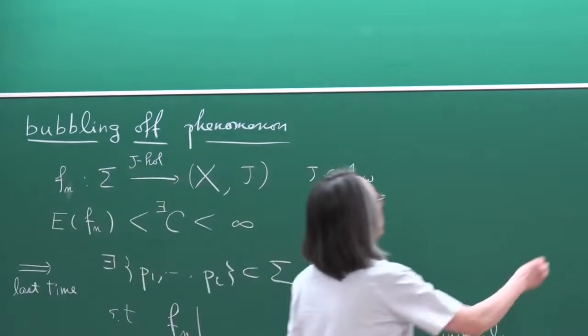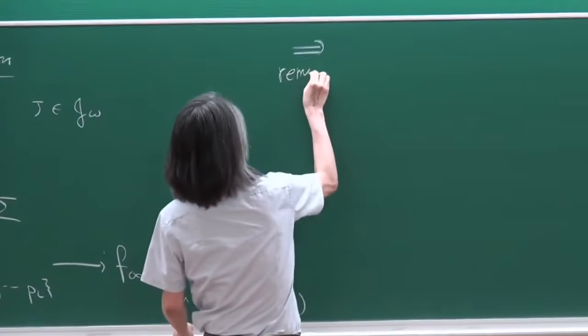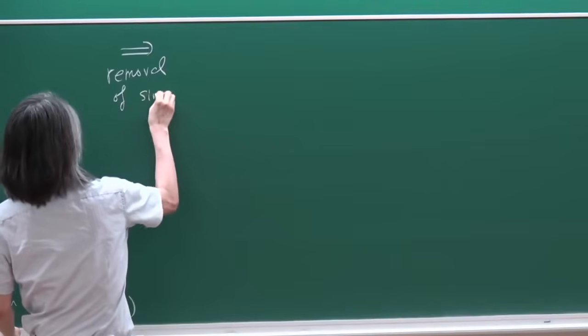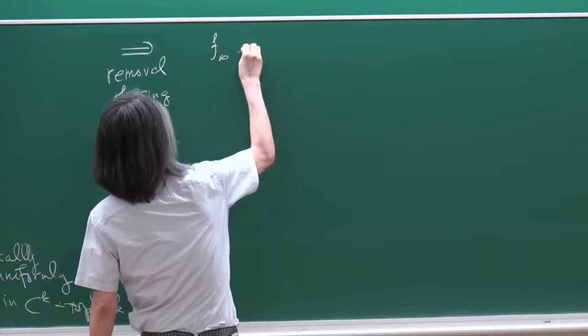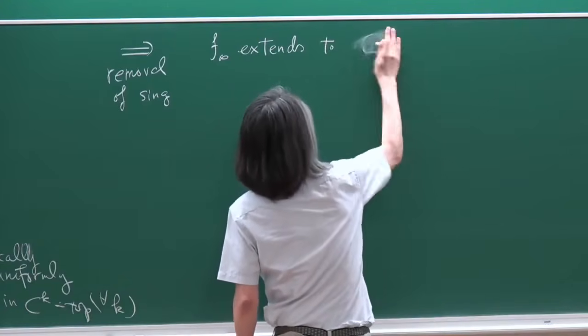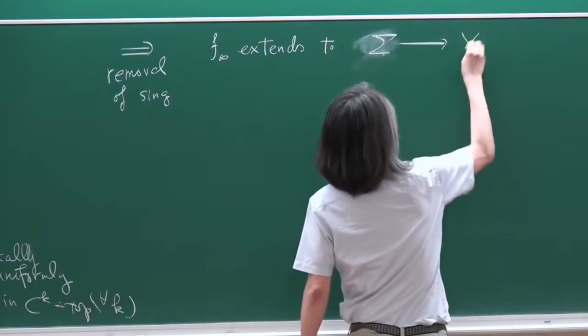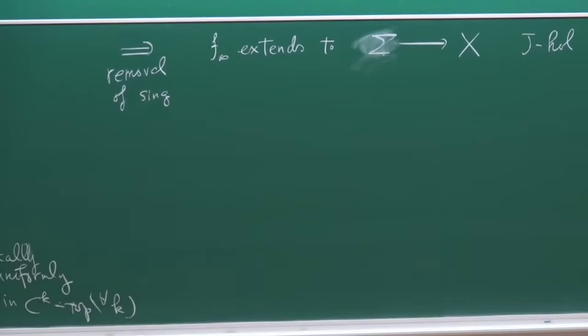And then I also said that by the removal of singularity theorem, we can also see that this F infinity actually extends to a J-holomorphic curve from CP1 to X. Because these maps have energy bounded by C, and then by Fatou theorem, this one also has bounded energy.